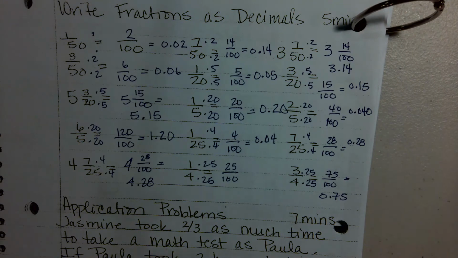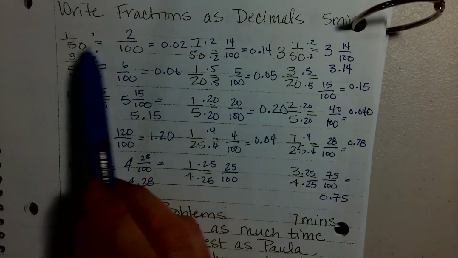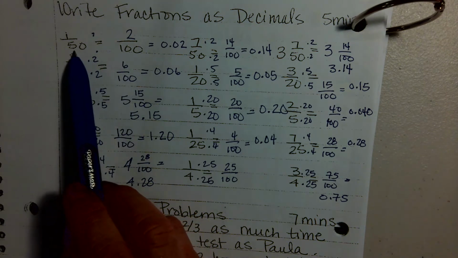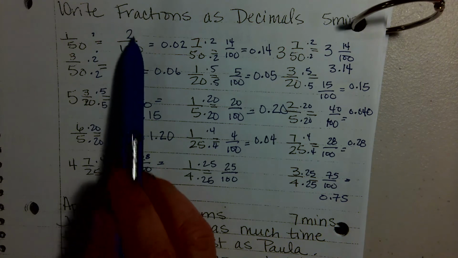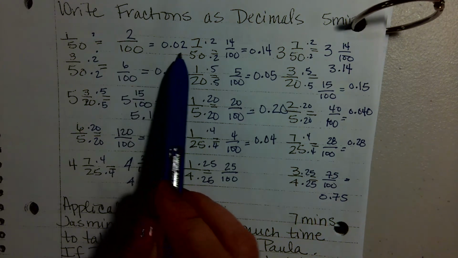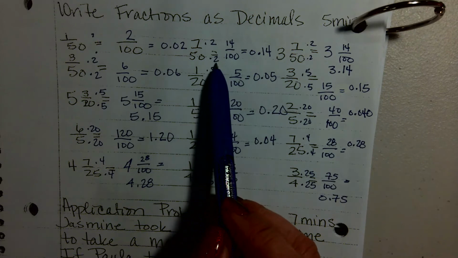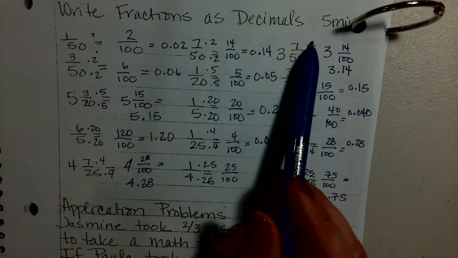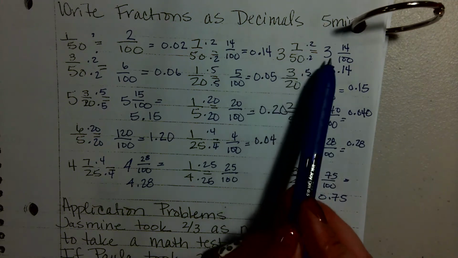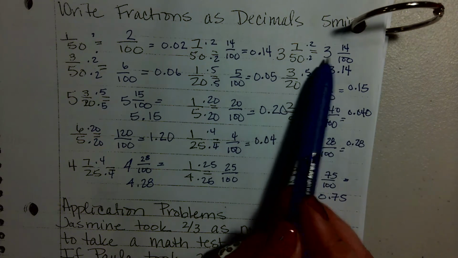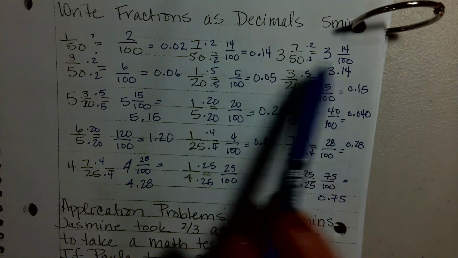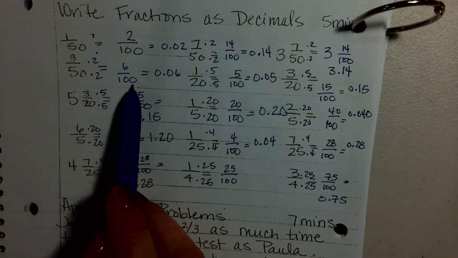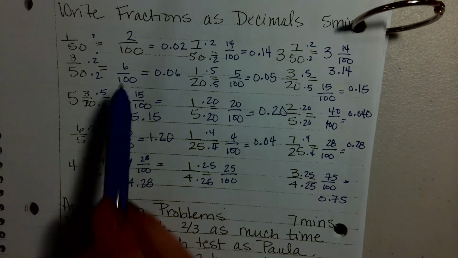writing fractions as decimals. So remember, what do you multiply to get that up to a 10? Remember, you're always looking for 10, 100, or 1,000. So 50 times 2 is going to give you 100, so 1/50 is 2 hundredths. 7/50 times 2 is 14 hundredths. 3 and 7/50, I just multiply the fraction and carry over the whole number: 3 and 14 hundredths, so 3.14. 3/50, if I'm going to turn that into a decimal, I have to take it up to 100.